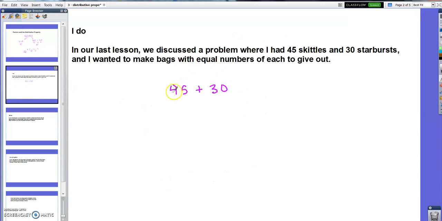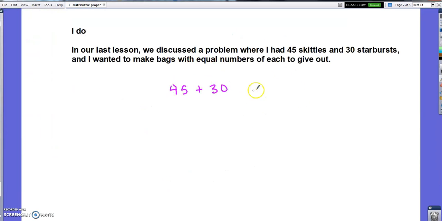So let me show you how this works. I think one of the ways we figured out that these had a common factor of 5. There were several ways we could do that. And if I did 5 bags, that would mean I would have 9 Skittles and 6 Starbursts in each bag, right?